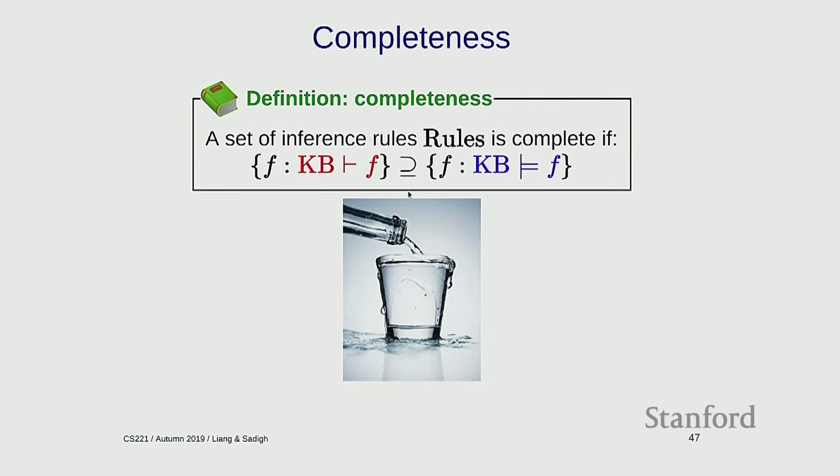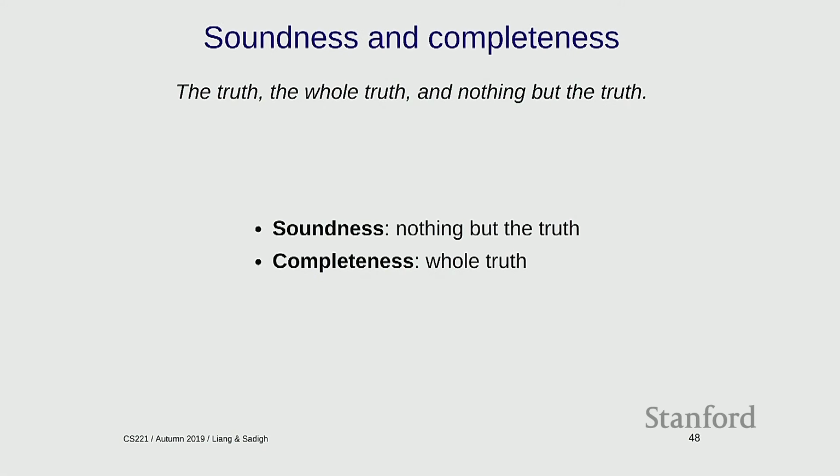Completeness says the other direction, which says that I am going to generate all the formulas which are true or entailed. I might generate extra stuff, but at least I'll cover everything. That's what it means to be complete. The model you should have in your head is you want the truth, the whole truth, and nothing but the truth. Soundness is really about nothing but the truth, and completeness is about the whole truth.